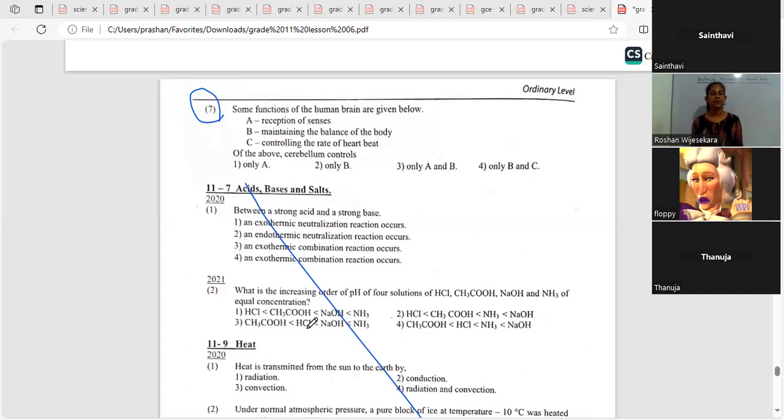There are 2-3 questions on the function of the cerebellum. Reception of sense is a function of the cerebrum, not the cerebellum. Maintaining body balance, yes, that is a function of the cerebellum. Controlling the rate of heartbeat is a function of the medulla oblongata, not the cerebellum. Therefore, the correct answer is B only. The second one is the correct answer, B only.